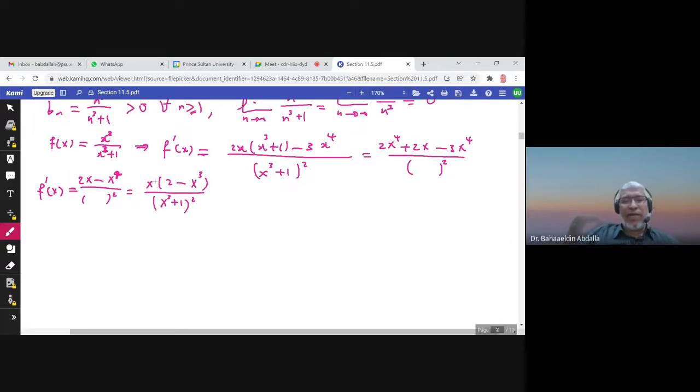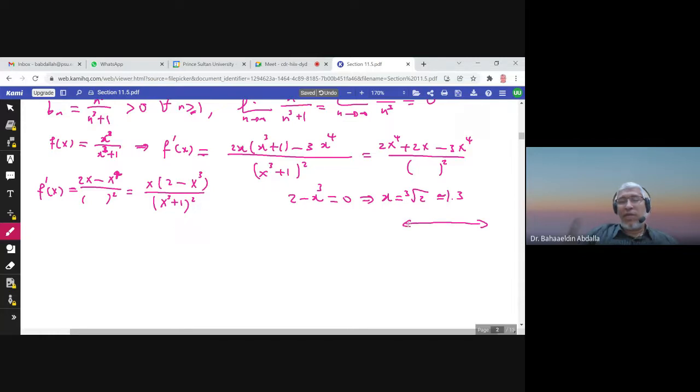Also, x here has a 0. The 0 of x is 0, but I'm not interested in 0 also. So let me find the 0 of 2 minus x cube. Then x cube would be 2, or x would be cube root of 2. And cube root of 2 is approximately 1.3.